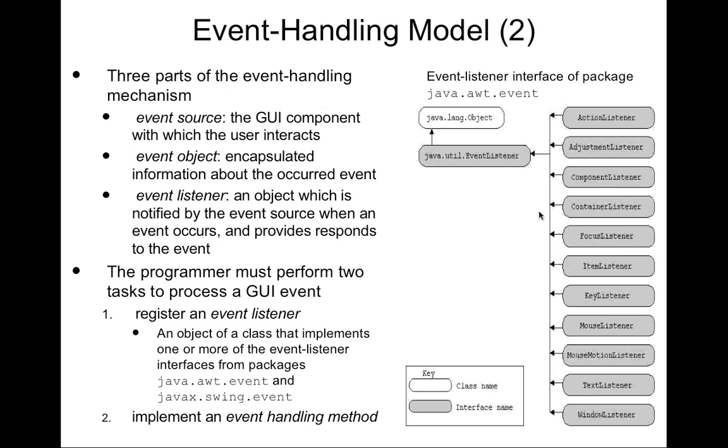And here's kind of the layout of the hierarchy. Inside the event listener interface of the package, we've got lang.object, and inside we have EventListener. And then under EventListener, these are all the different types of event listeners. We have ActionListener, AdjustmentListener, ComponentListener, ContainerListener. Because the person could be clicking on the component from a component level.